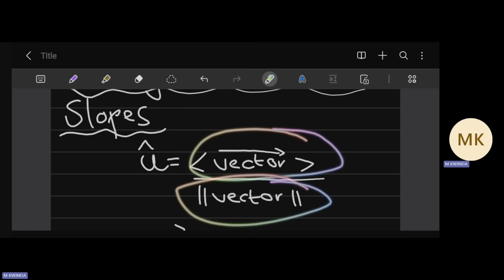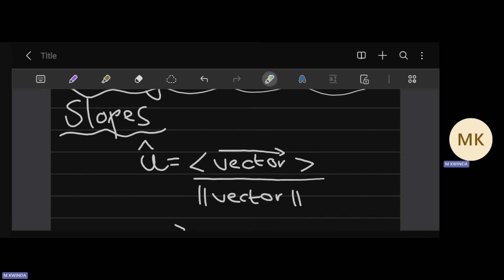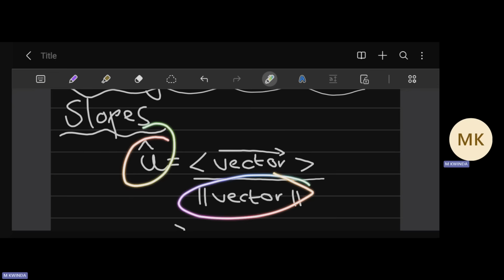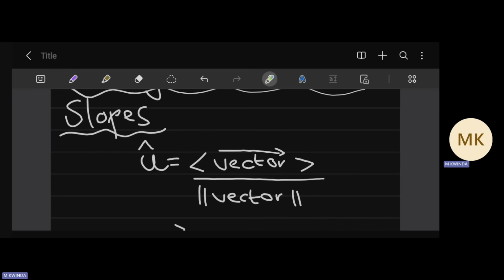You can always manipulate the formula to find different things. If you're given both the unit vector and the vector, you can find the magnitude of the vector. If you're given this and this, you can find what the vector is. Or if you're given both of these, you can find what the unit vector is.